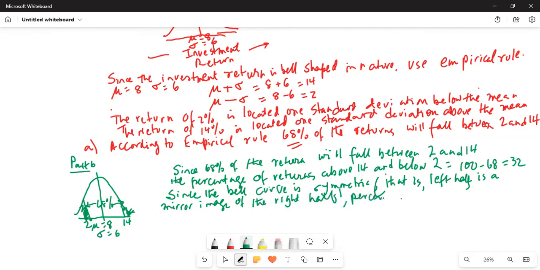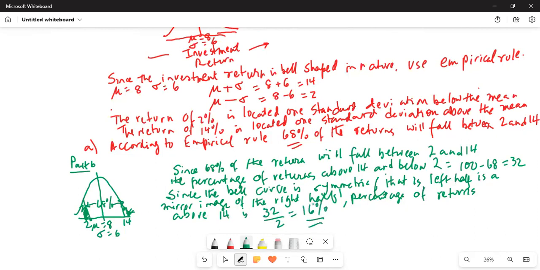So the percentage of returns above 14 is 32 divided by 2, which is equal to 16%. And that's your answer for part B.